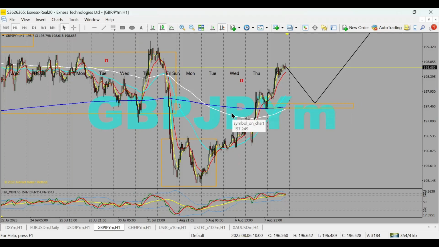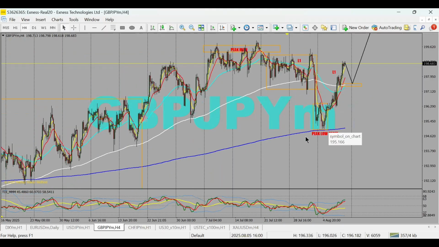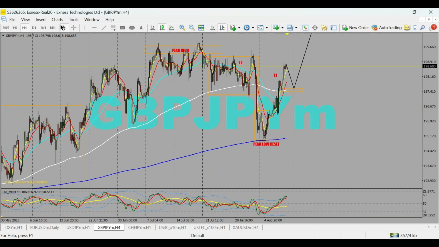As you can see, the dealer is pushing the 800 EMA and the 200 EMA closer, so I'm expecting a reaction from here, and then we continue buying to the upside. So this is what I'm expecting on GBP, and this is the H4 perspective and how it's looking. All right, so yeah, let's wait and see how the week unfolds.